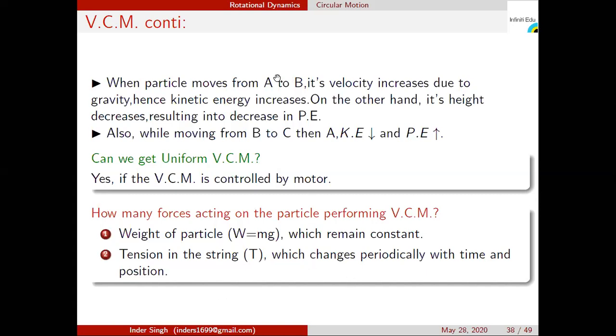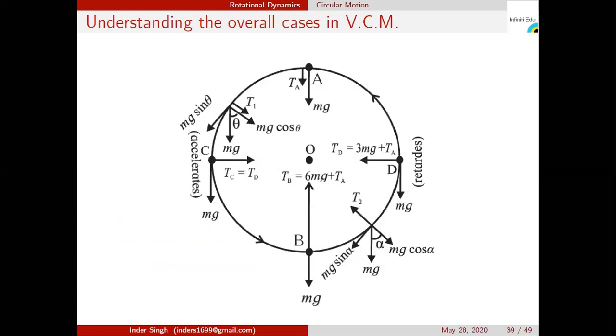Okay, so I hope you have written this slide, so there's no need for waiting. Let us continue. Understanding the overall cases in vertical circular motion, in this subtopic we are going to understand each and every position in detail.